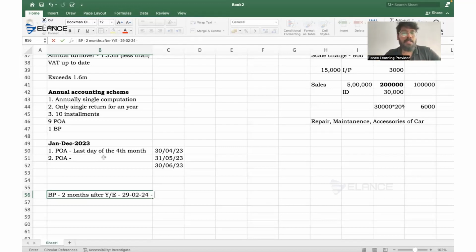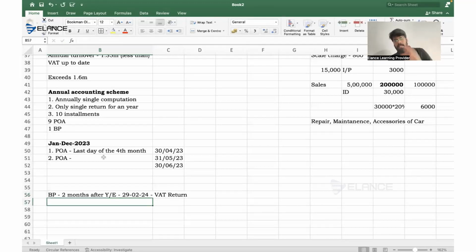Along with the balancing payment, I should submit the VAT return. Yearly, I only need to file a single VAT return, and I should submit it to HMRC in the second month after the accounting period end.